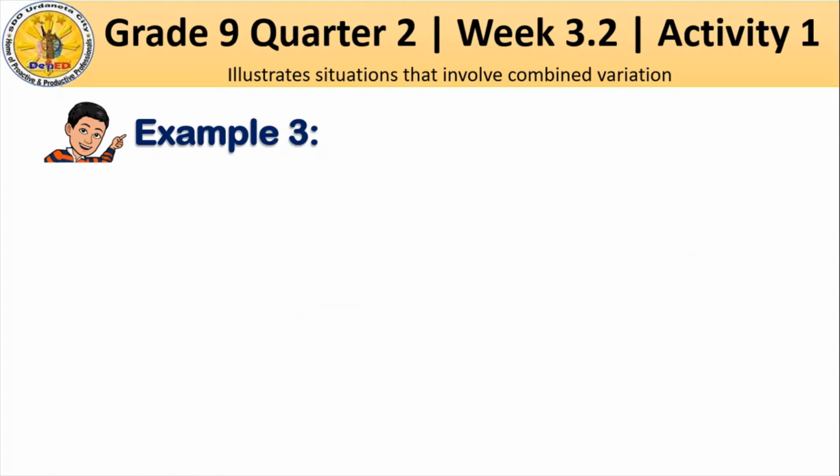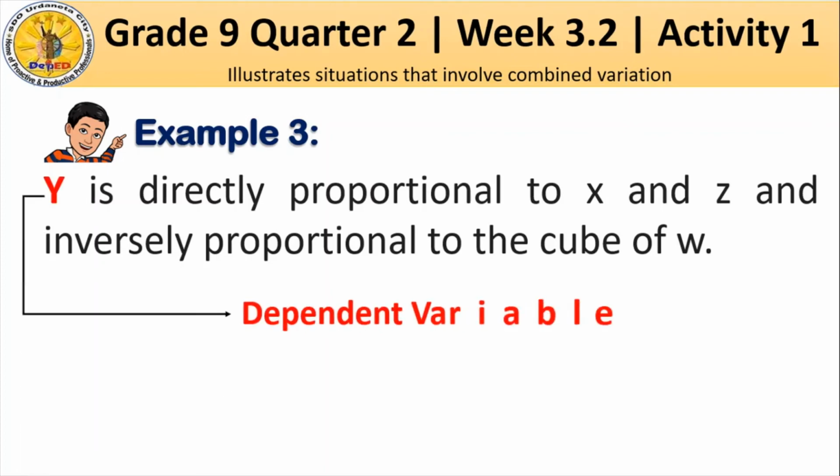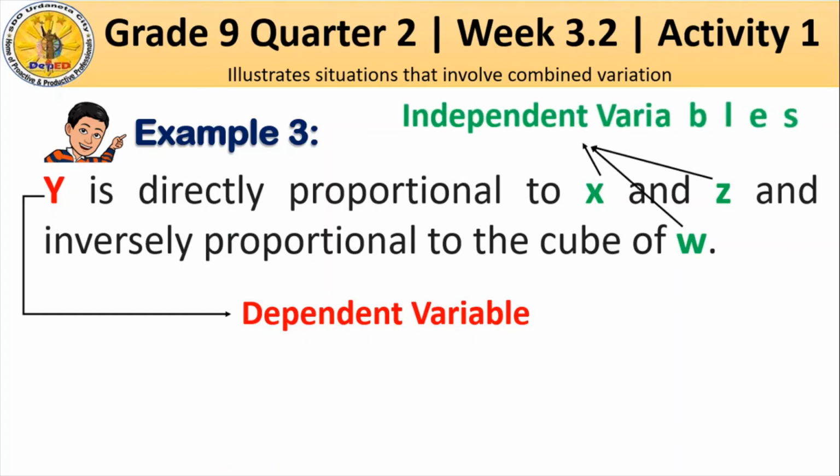Okay, for our third example, y is directly proportional to x and z and inversely proportional to the cube of w. So let's determine the dependent and independent variables. Y is known as the dependent variable, and we have x, z, and w are the independent variables.